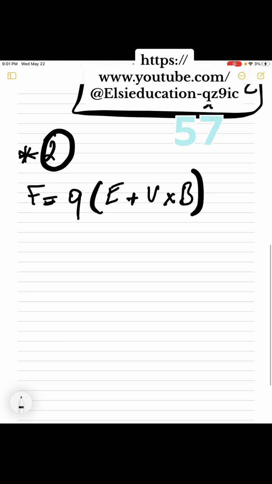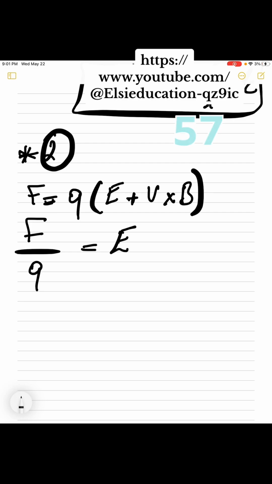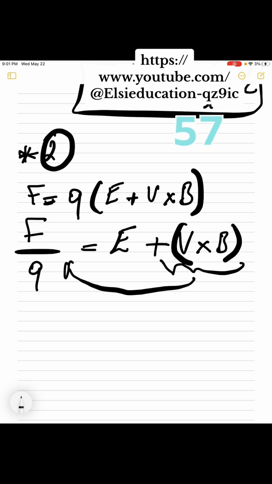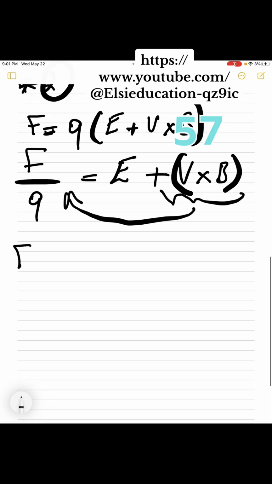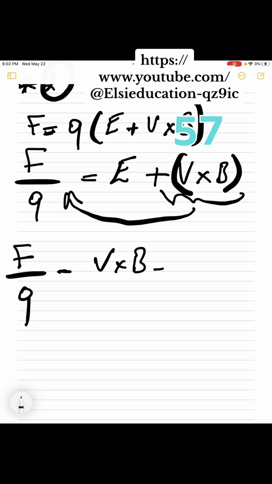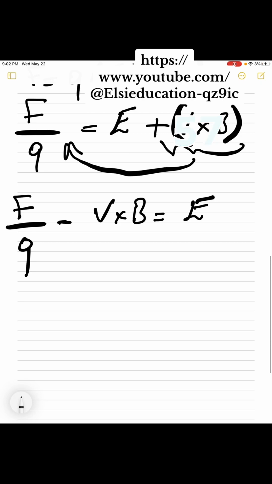So to simplify, we know that force divided by the charge is equal to the electric field plus the speed multiplied by the magnetic field. So we're going to switch this part to this side. It's going to be the force divided by the charge, minus the speed multiplied by the magnetic field, equal to the electric field.